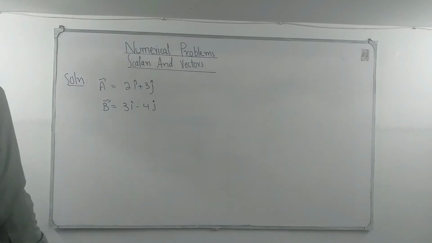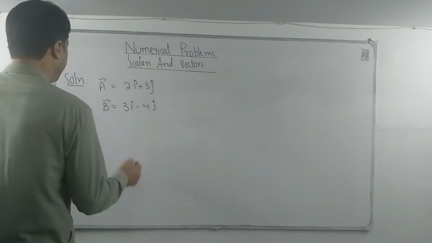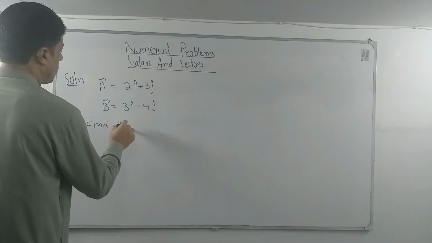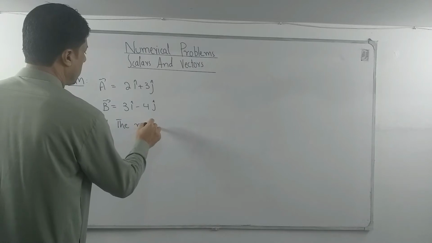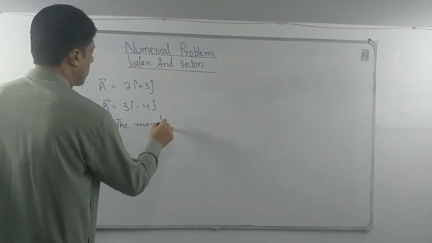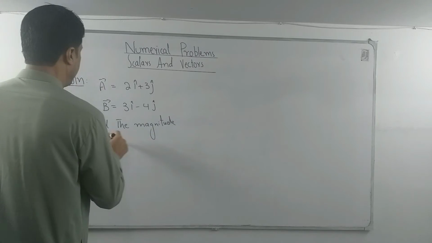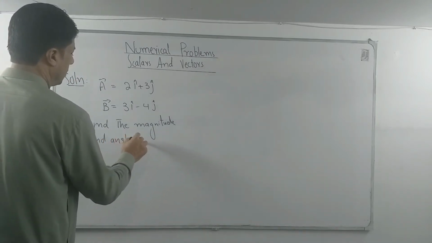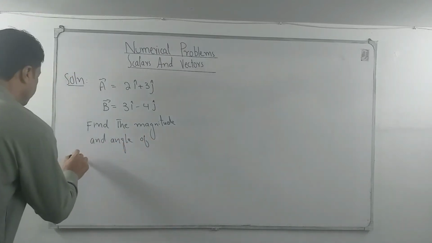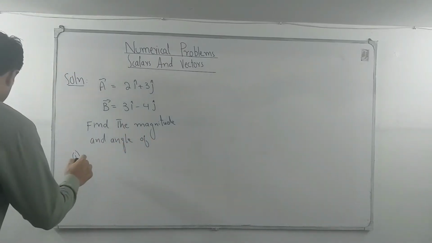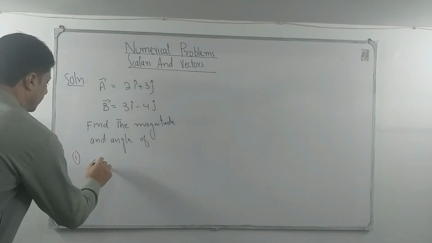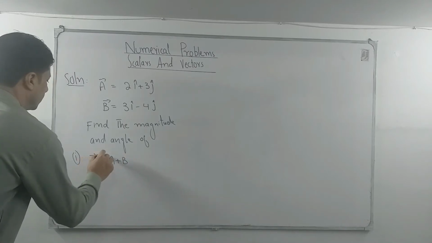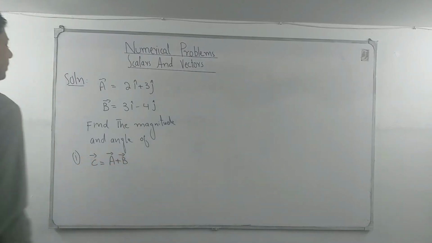Okay, what we need to do to find the magnitude and angle: number first, C is equal to A plus B. You can write this, C is equal to A plus B.